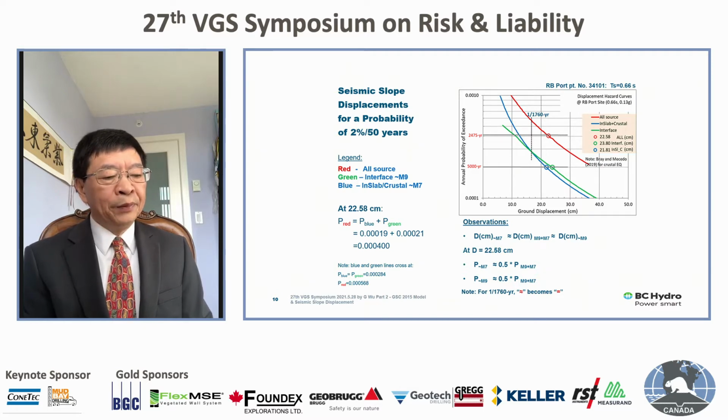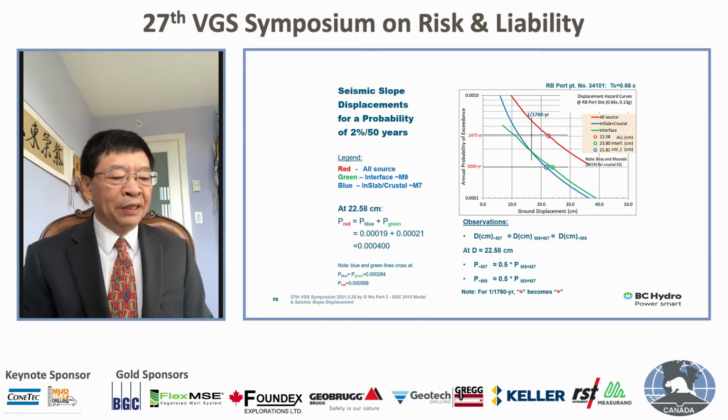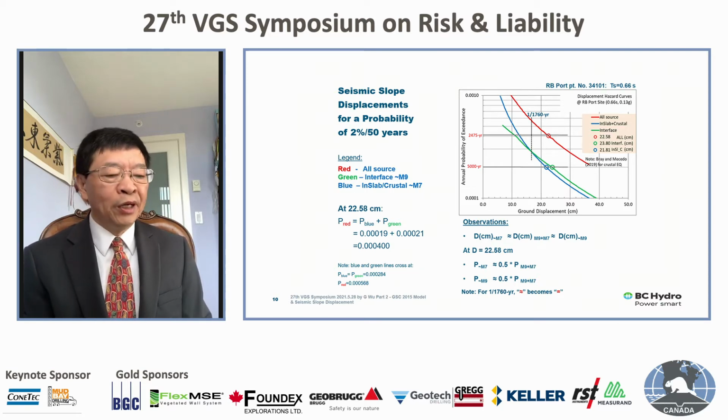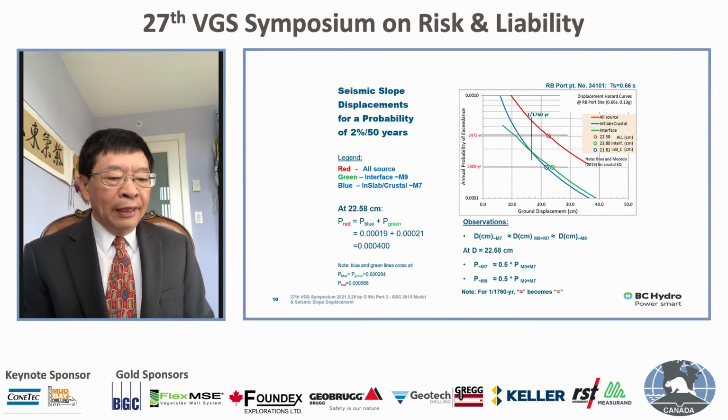By doing the same thing, but using spectral accelerations for 2475 years, you get another point. By doing that continuously, you will get a curve. So you will have 2 curves. One is blue, the other one is green. That is applicable to each specific curve.